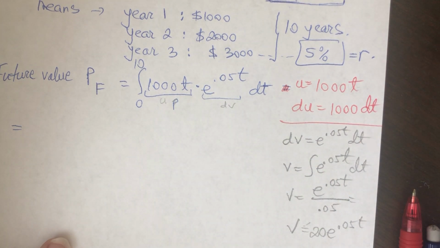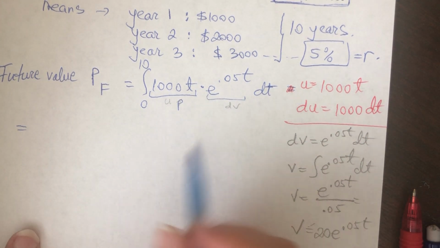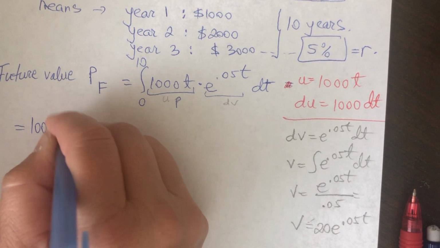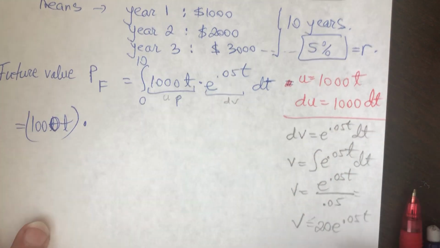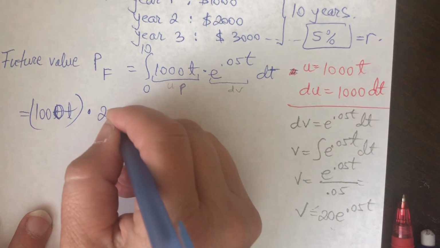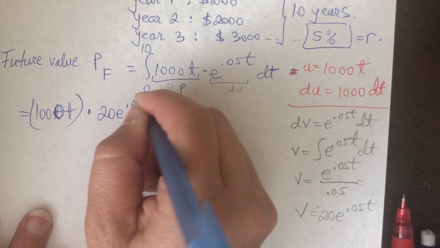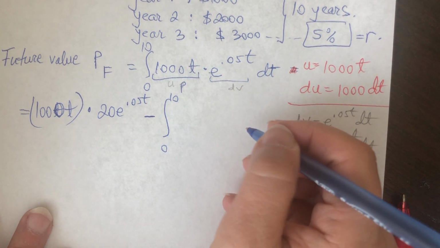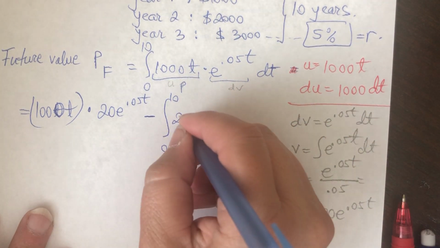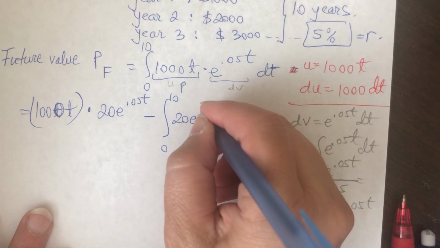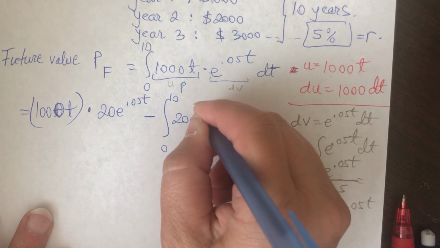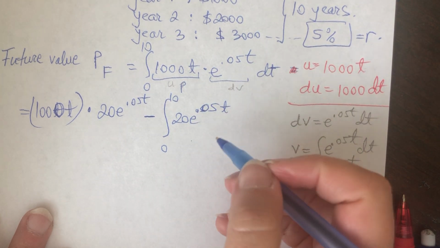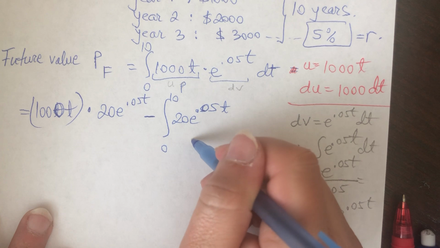So the integral of u dv is u, which is 1000 t, times v, which is 20 e to the 0.05 t, minus the integral from 0 to 10 still of what? v, which is 20 e to the 0.05 t, that's v, du.